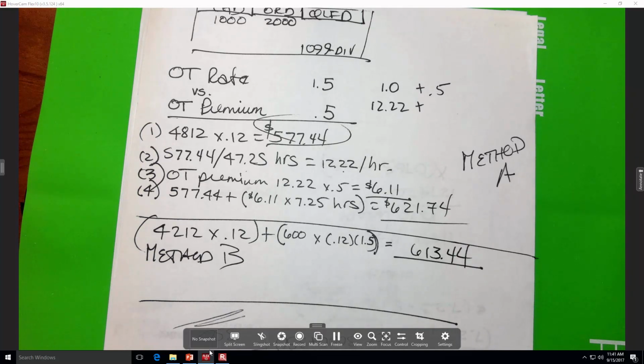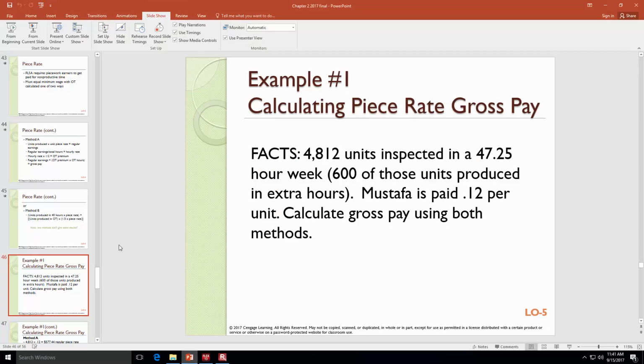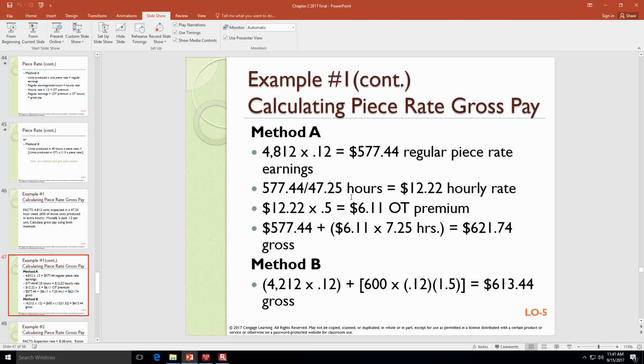So he inspected 4,812 units, right? 600 of those were in the extra hours, so therefore 4,812 minus 600, the first 4,212 units were inspected in the first 40 hours. So you got the 4,212 from deducting the overtime units.